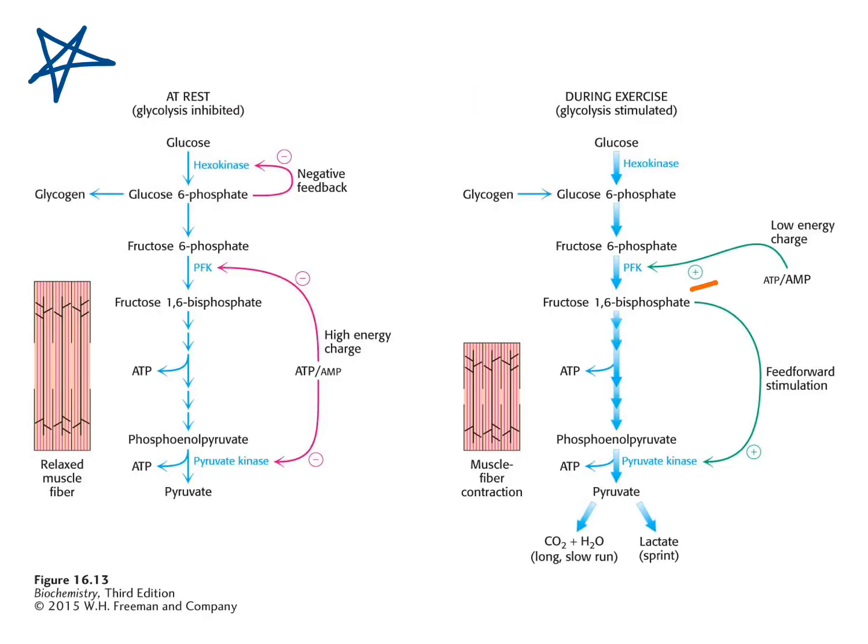This figure shows the regulation of glycolysis in muscle. At rest, glycolysis is inhibited, because when you're resting, you have high energy charge, meaning you don't need extra ATP, you have enough ATP, and that sends negative feedback to those control enzymes, the three enzymes: hexokinase, PFK, and pyruvate kinase.